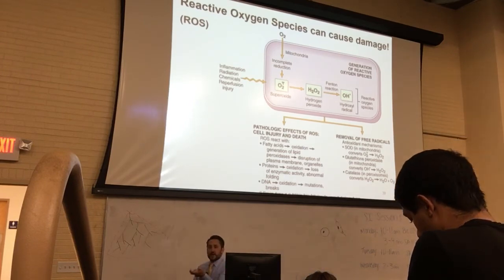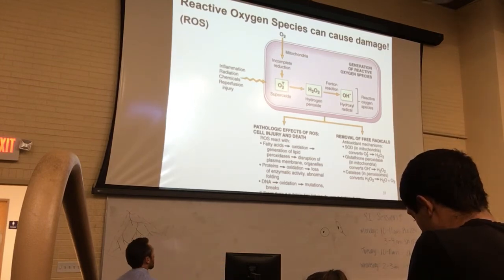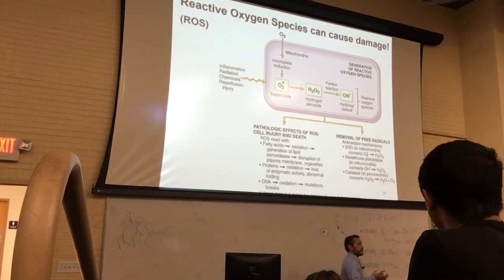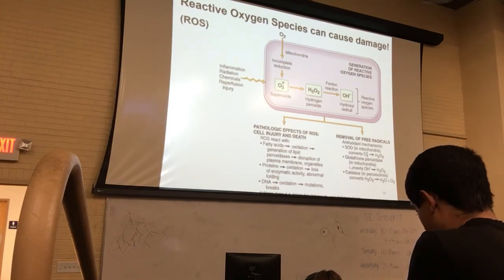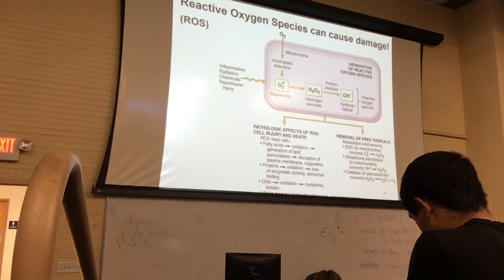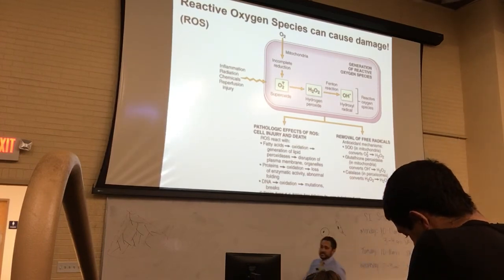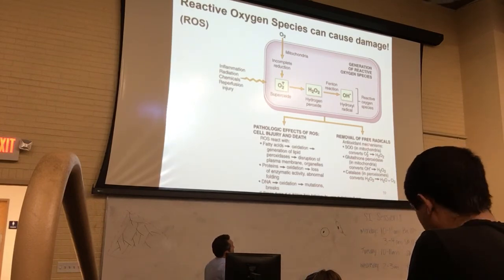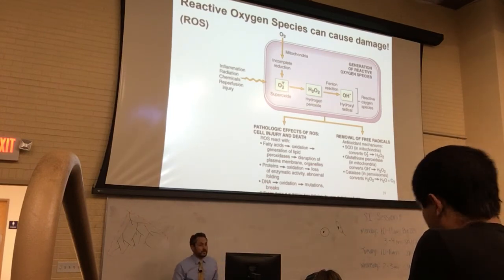Now, if the body doesn't handle these free radicals well, and they stick around, then you have this cascade of pathological events that can ensue, right? So if you don't scavenge up these reactive oxygen species into benign substances like water and oxygen through the activities of these different enzymes, these antioxidant mechanisms in the mitochondria, then you're left with this list of problems.